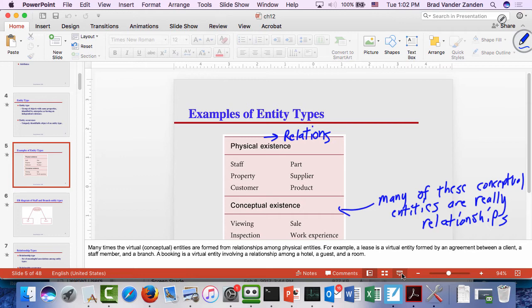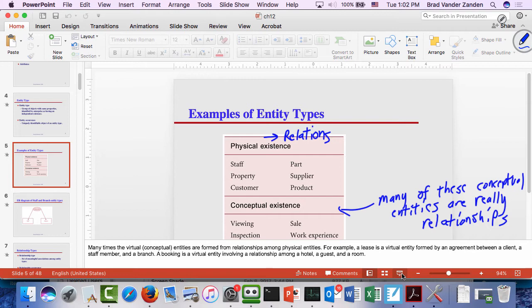Okay. Actually, as an example, a viewing is really a three-way relationship among a realtor, a client, and a property. The realtor takes the client to the property to view it.